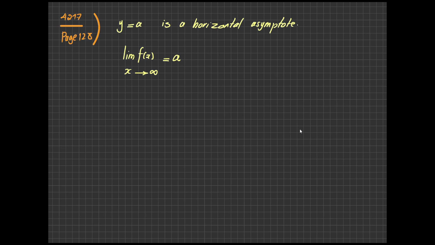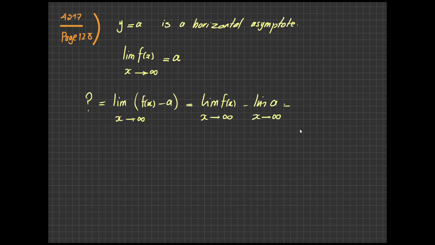Okay, and if this limit is a, then what is the limit of f of x minus a? Yes? Yeah, it should be 0. Of course, this can be written as the limit of the first part minus the limit of the second part. But the limit of the first part is a, yes?